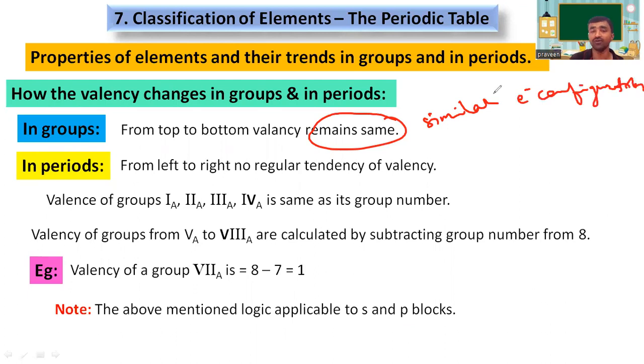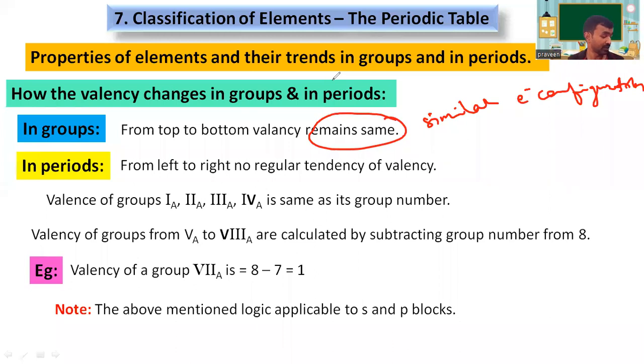Have you got the reason for the increase, remaining the same, or no regular tendency? Why does it remain the same? Why is there no regular tendency? The main factor is the outermost shell electronic configuration. This you need to understand.